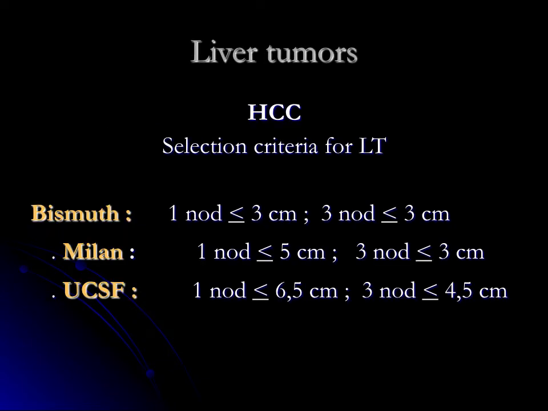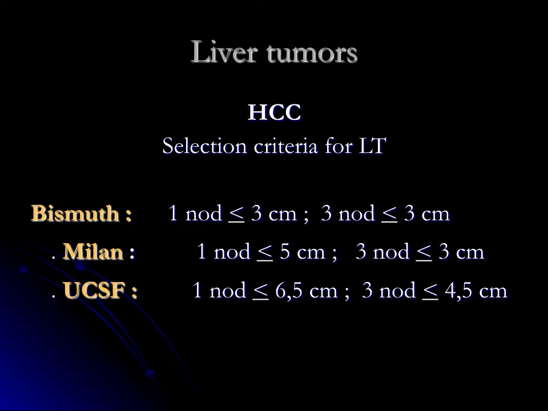For liver tumors, not all patients with liver tumor can be subjected to transplantation as a solution. To reach a good prognosis and good outcome of the transplantation, if we offer it to the liver tumor patient, it is only indicated for HCC, and there is a special selection criteria that we have to apply to the HCC patient.